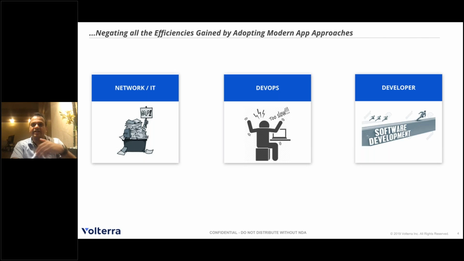The developer is actually developing faster, but delivering the app or the service to where it can be consumed by an external user or a client takes up a lot of time from both the DevOps and your network and IT team, because these processes are still slow, the tools are still slow, and this is negating all of the efficiencies that are gained by deploying a modern app.